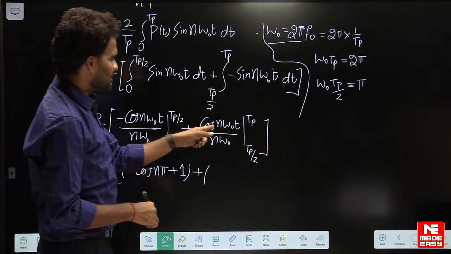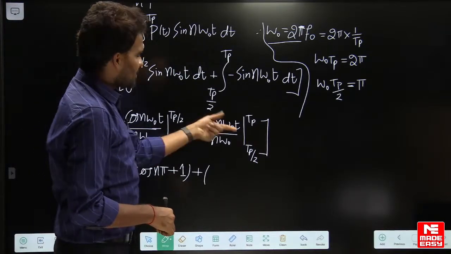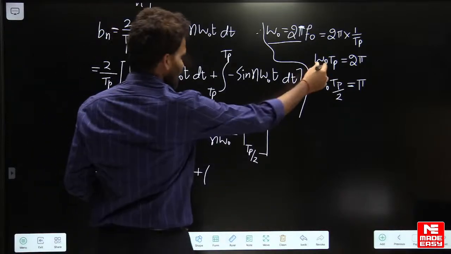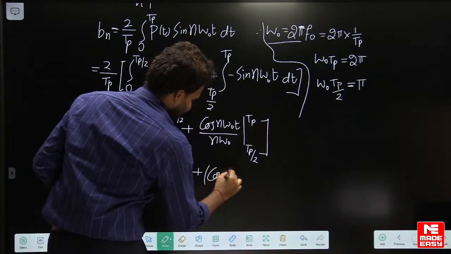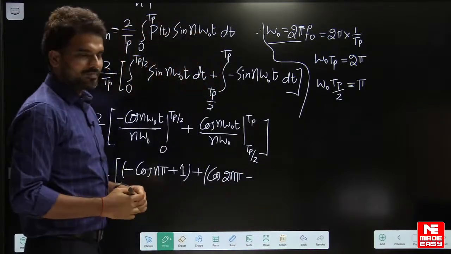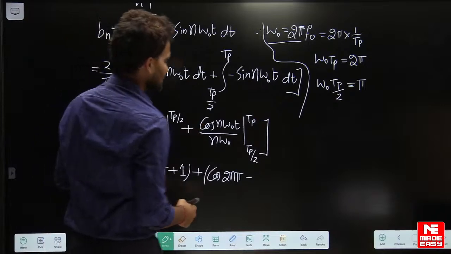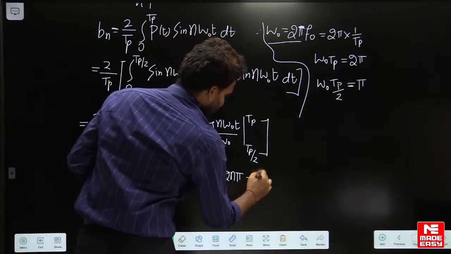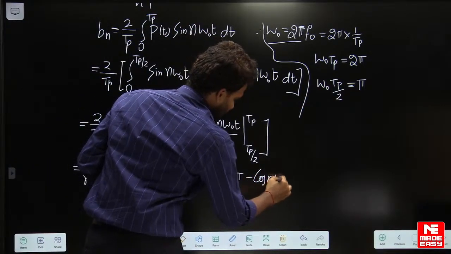If you substitute the upper limit here, cos n omega naught Tp, where omega naught Tp is 2 pi, this is cos 2n pi, minus cos n pi.